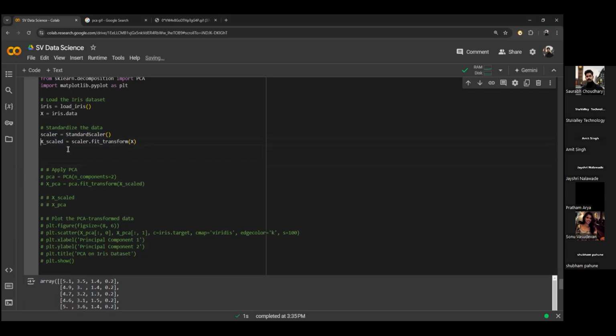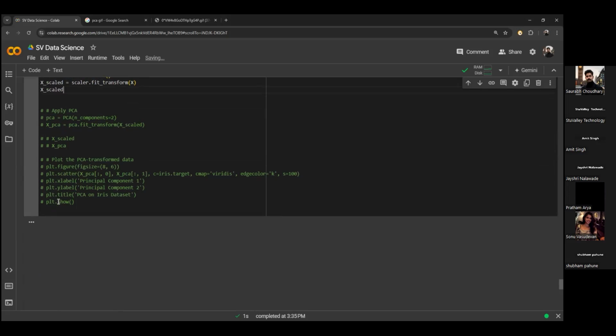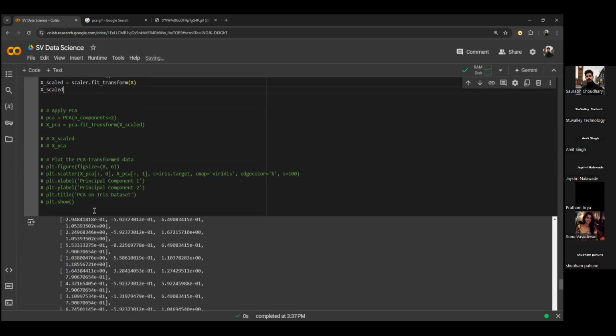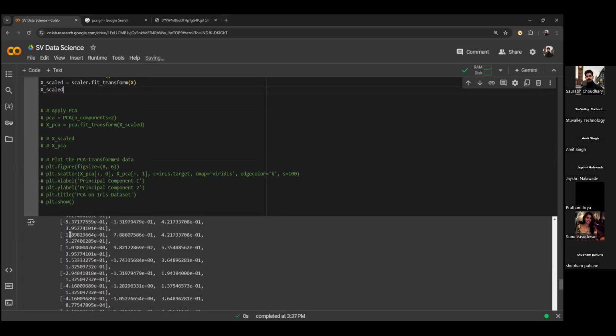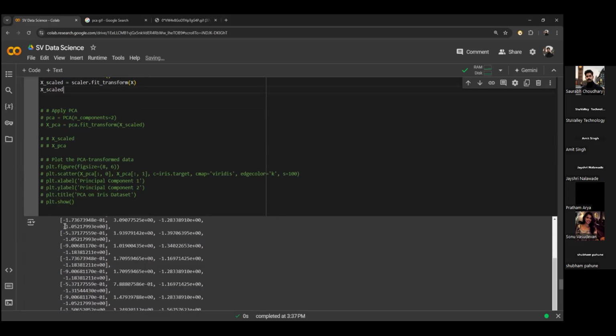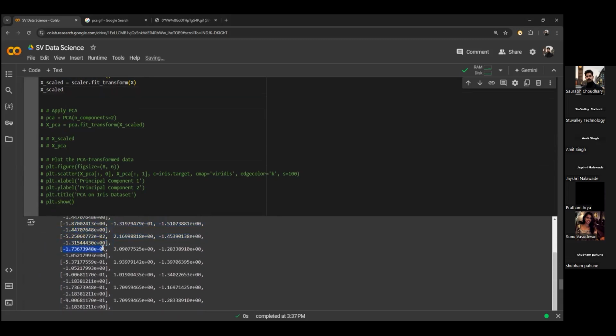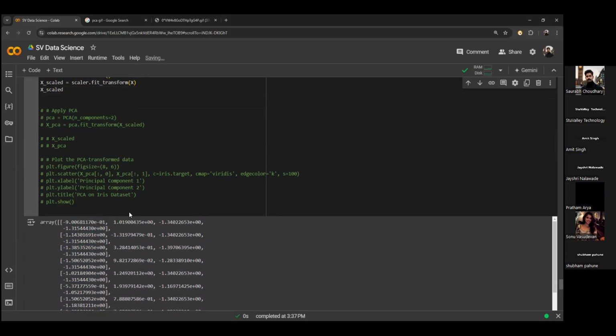See, all the values will be decreased. See, only the ratios of the numbers are there now. -1, 3, -1, -1 like this. These are standardized now.